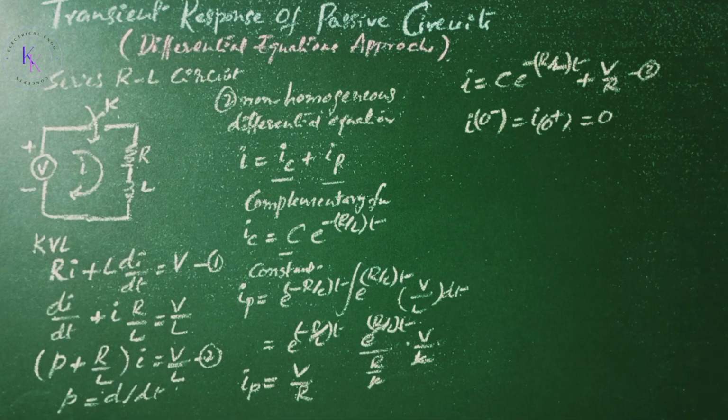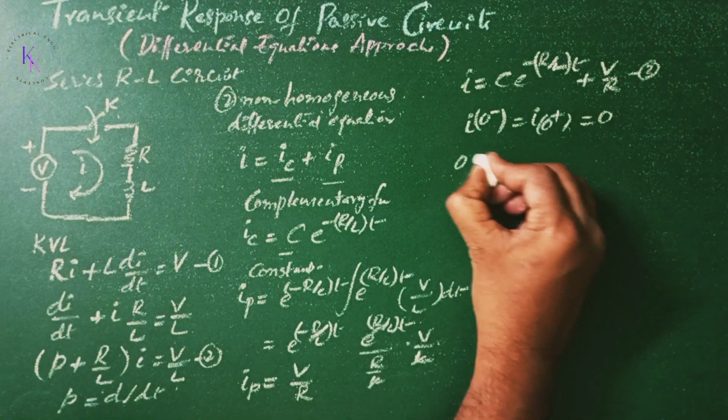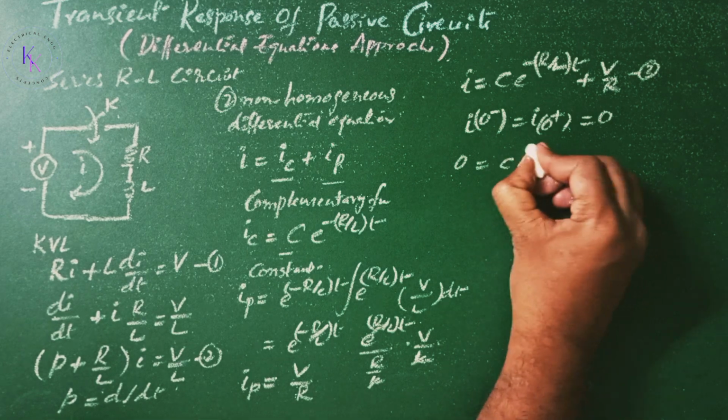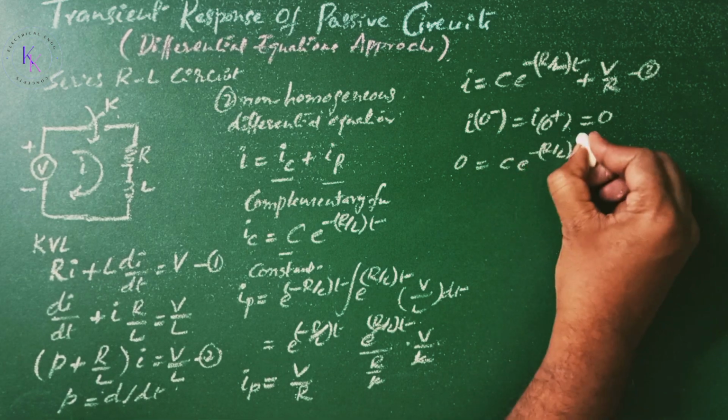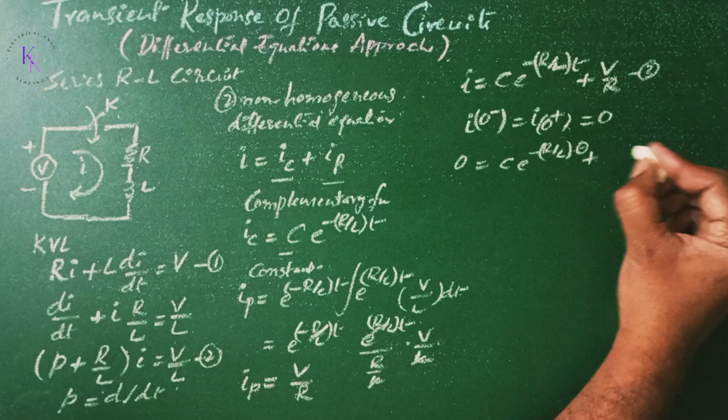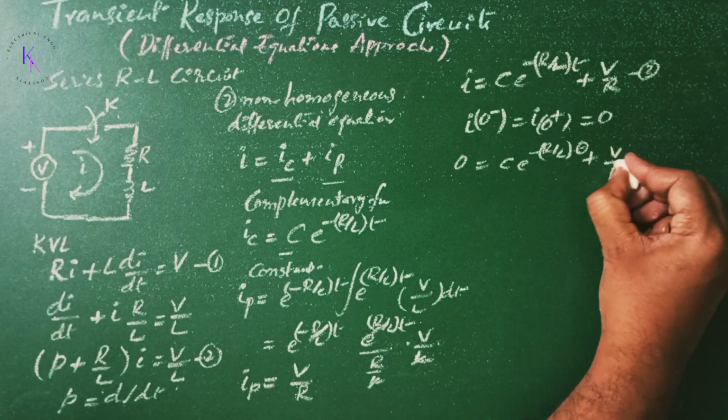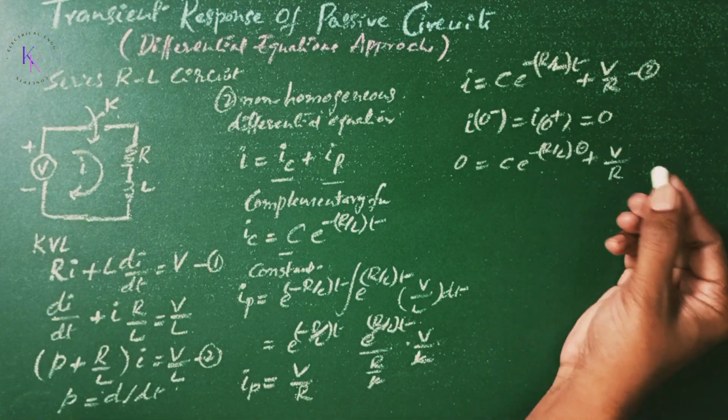With initial conditions, equation number 3 becomes 0 equals C e to the power of minus R by L of t, with t as 0, plus V by R. E to the power of 0 equals 1.